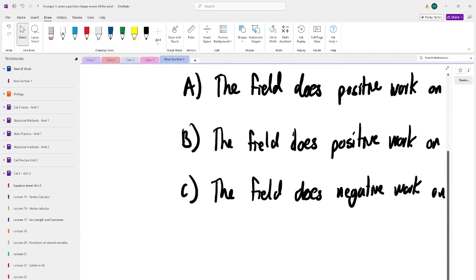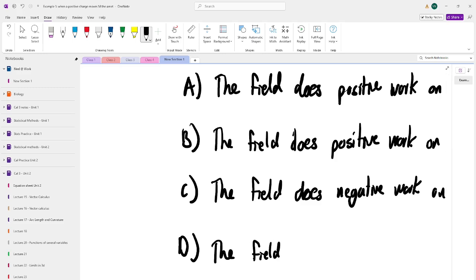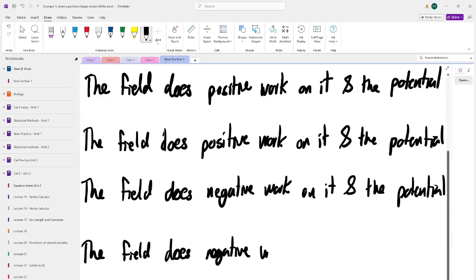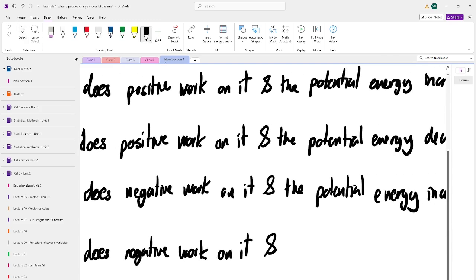And then option D is that the field does negative work on it and the potential energy decreases.